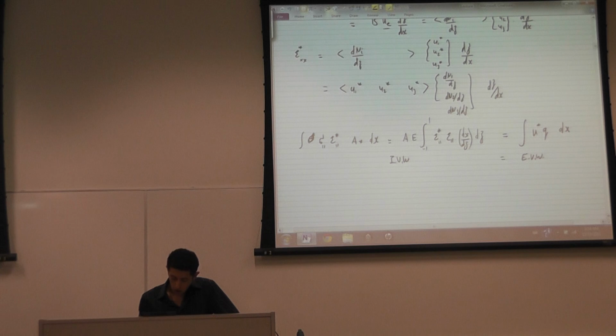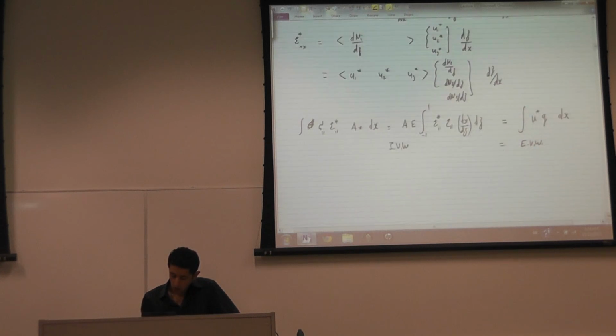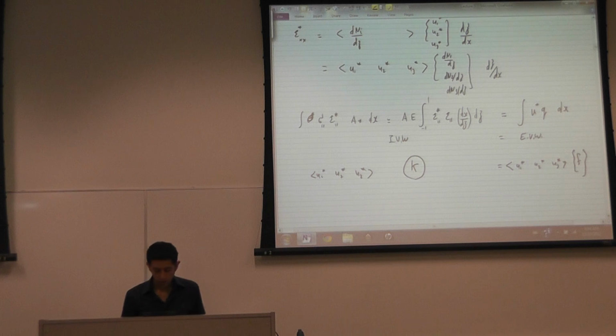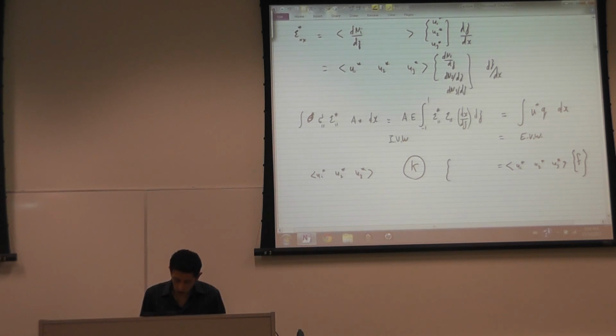So, after you perform these calculations, here you get U1 star, U2 star, U3 star, multiplied by your nodal force vector, and here you're going to get U1 star, U2 star, U3 star, multiplied by the stiffness matrix and multiplied by U1, U2, U3.